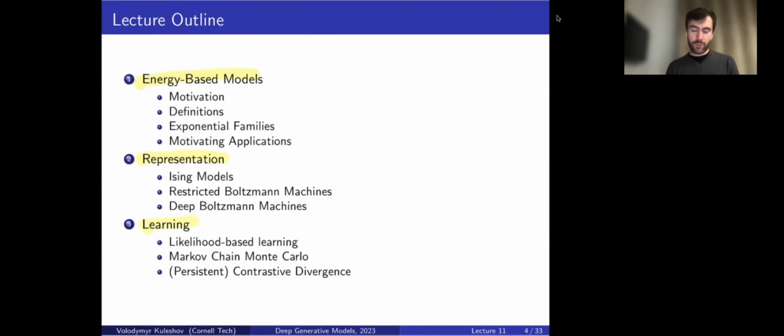In particular, I will introduce a new approximate learning technique called Markov chain Monte Carlo, which is going to try to achieve the same goal as variational inference, but it will take a very different approach to that goal. It's a very different type of technique that can be used as a replacement for variational inference, but it's based on a completely different set of ideas. All right, so that's the plan.